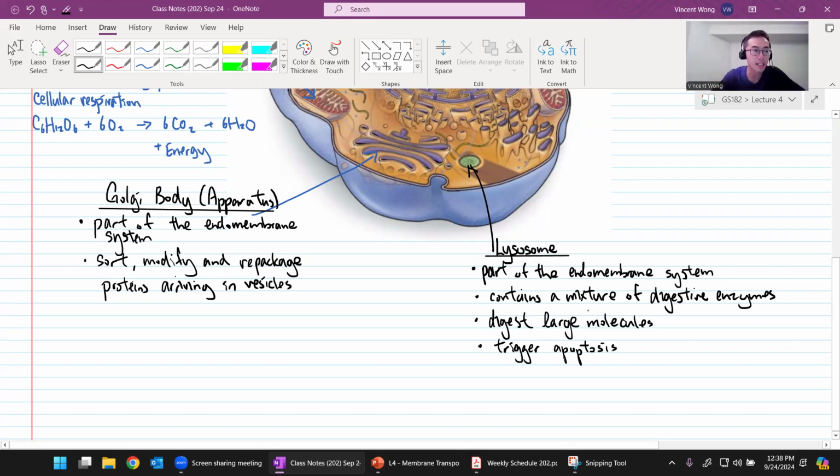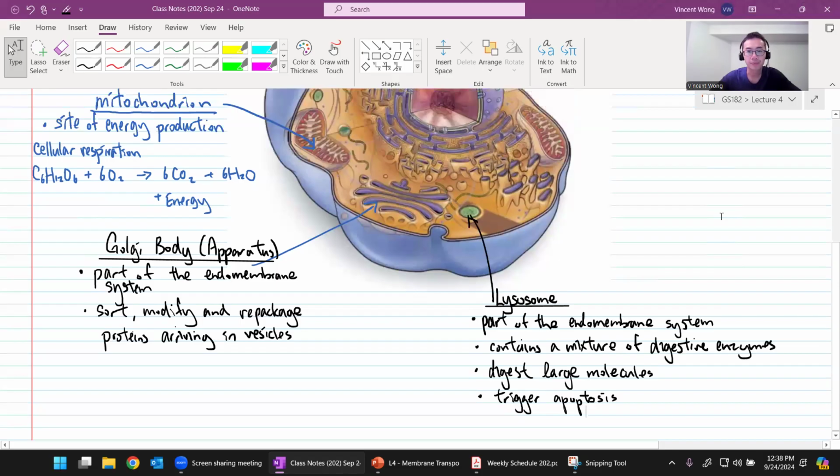It's programmed cell death. Sometimes you need to deliberately kill off a cell as part of normal development, or if the cell is not behaving properly, or if it's getting too old, you might have to trigger the programmed cell death to destroy it for the benefit of the entire organism, right? Okay, so that's that.